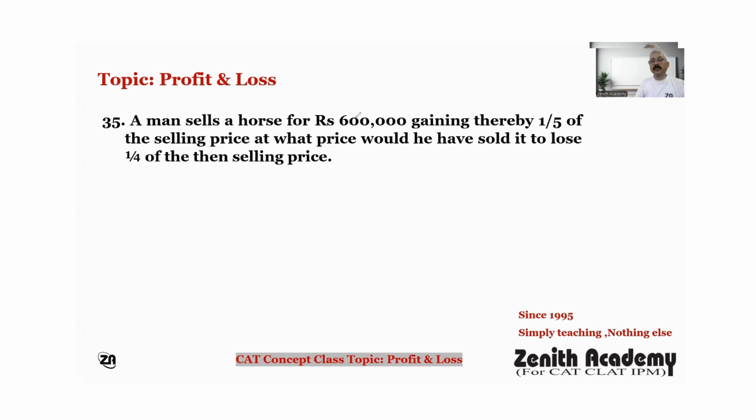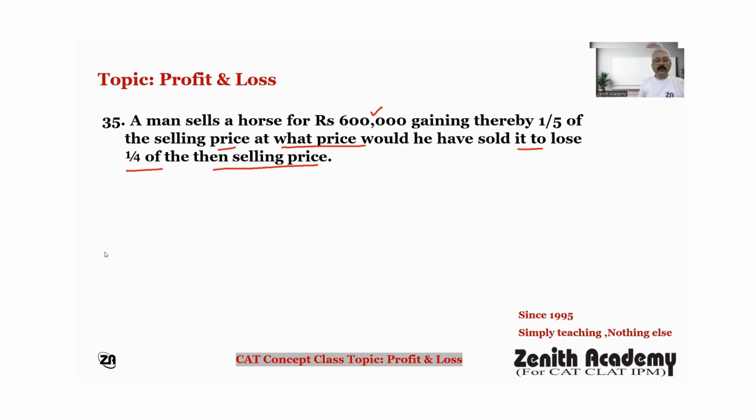Now see this question. A man sells horse for rupees 6 lakhs, gaining thereby 1 by 5 of the selling price. At what price would he have sold it to loss 1 by 4 of then selling price, right? You have to find what price would you have sold it to loss 1 by 4 of then selling price.